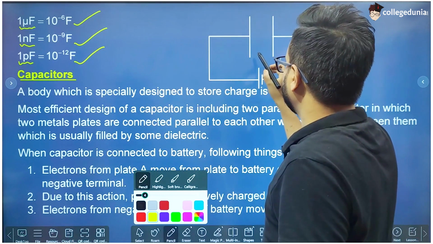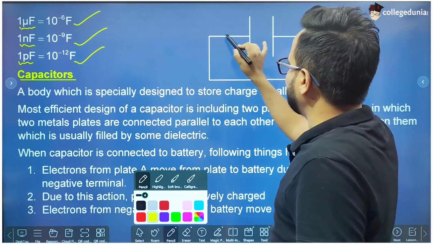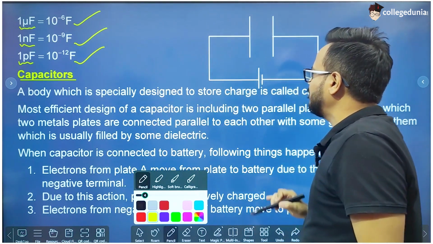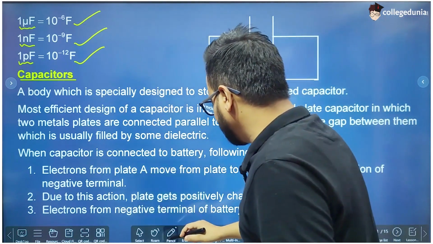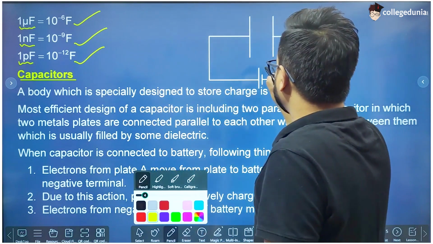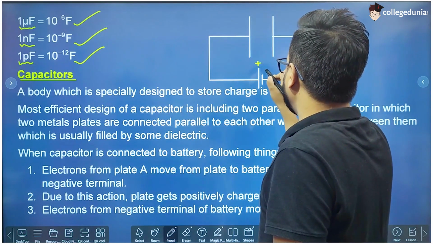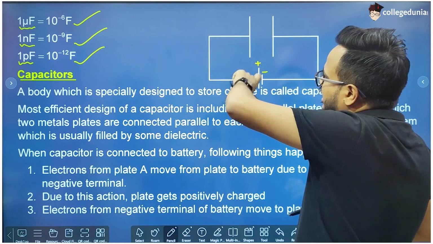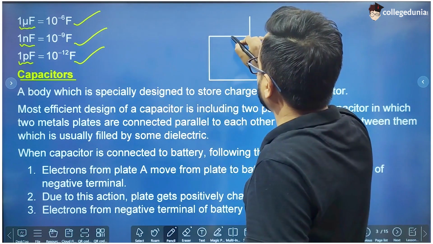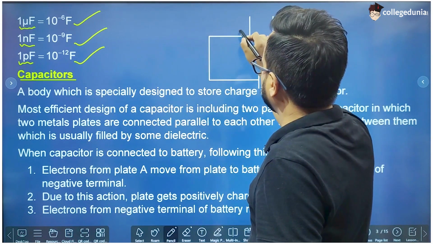Okay, so now one of the plates is connected to the positive terminal of the battery, and the other plate is connected to the negative terminal of the battery. So what happens, since this is the positive terminal and this is the negative terminal, the positive terminal starts attracting electrons from this plate, and electrons start moving in this direction like this.